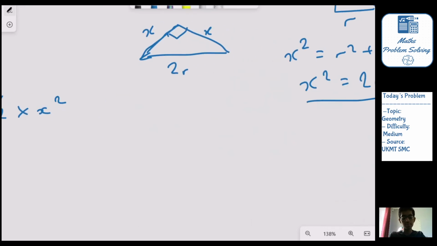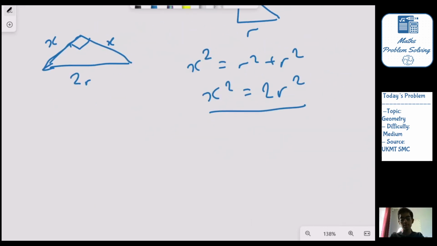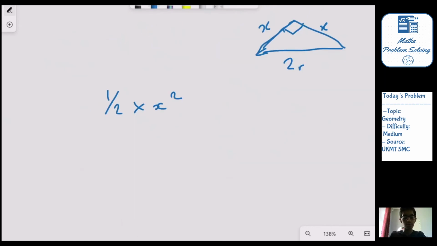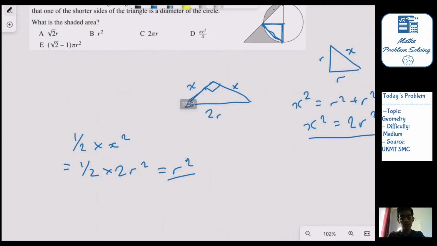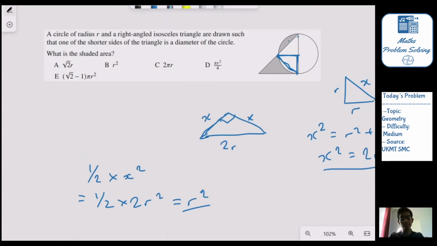We just left x squared as it is, we didn't convert it back into x, so we can just replace the value of x squared into our original value. So half x squared equals a half times 2r squared, which equals r squared, which is our final answer for the shaded area. Therefore, our answer is B.